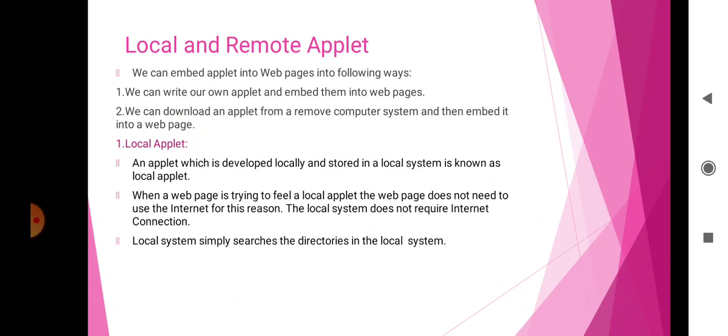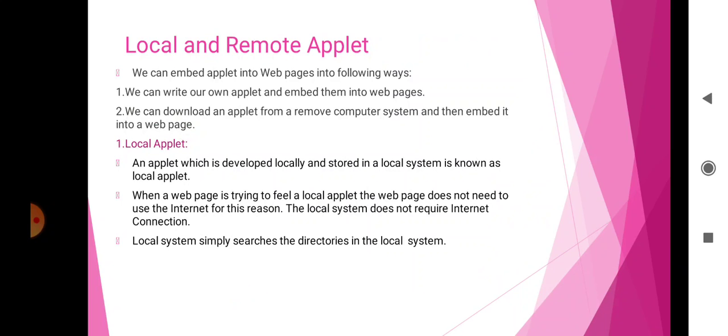Then local and remote applets. We can embed applets into web pages in the following two ways. We can write our own applet and embed it into the web page. And the second way is we can download an applet from a remote computer system and then embed it into the web page. Then we will see the first type, the local applet.